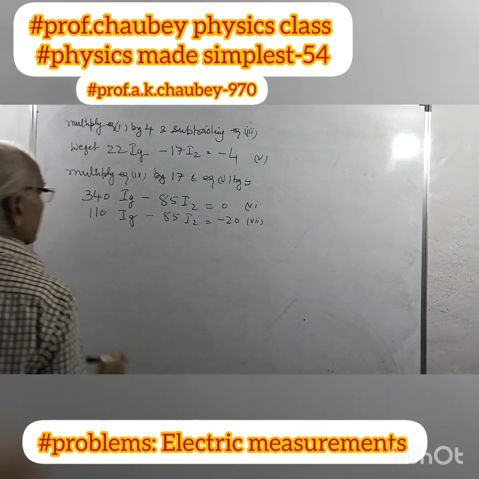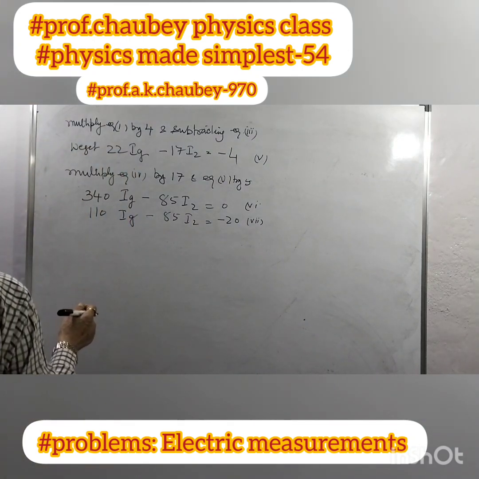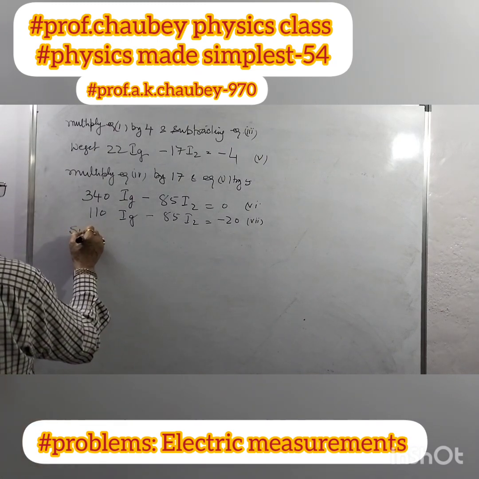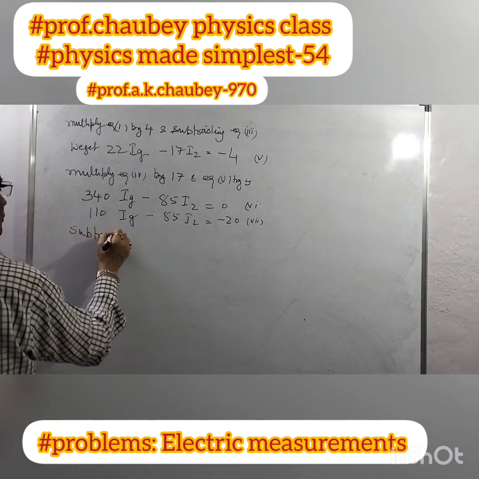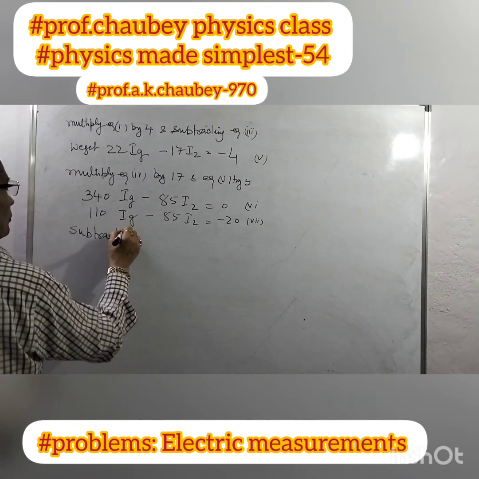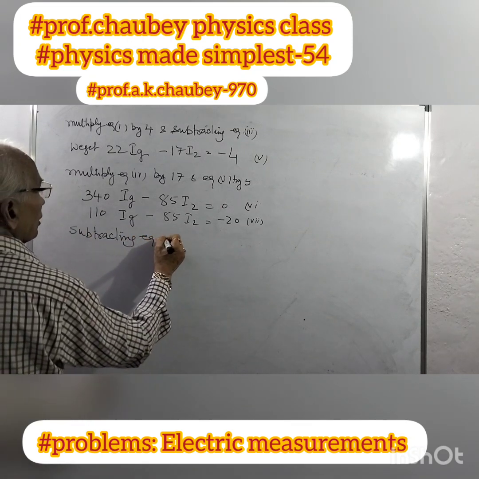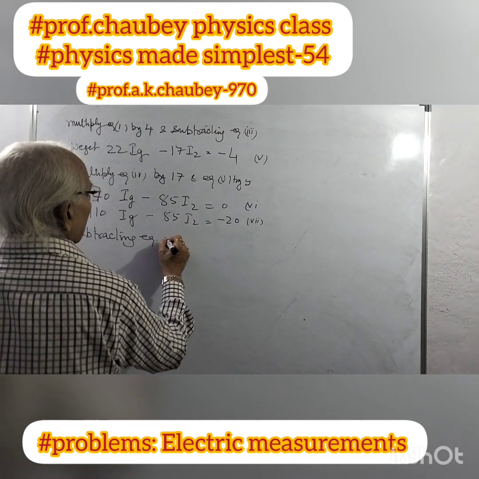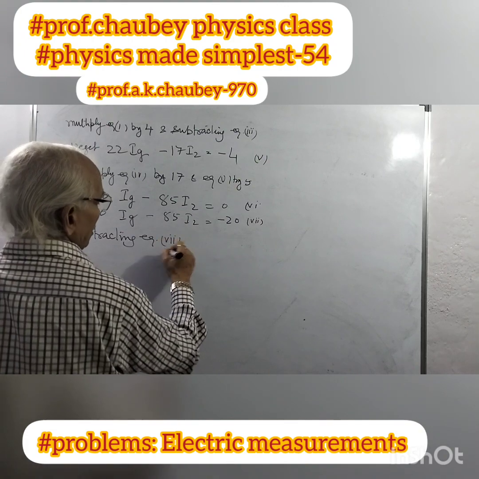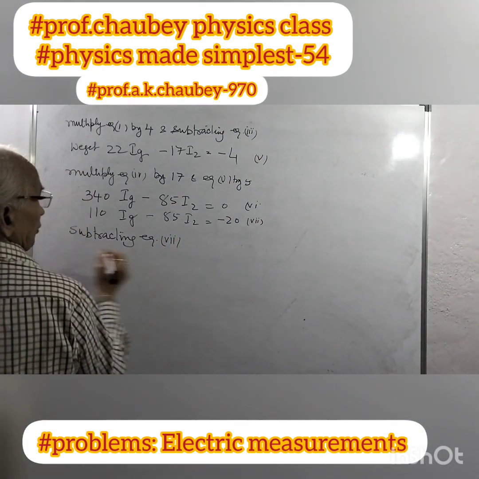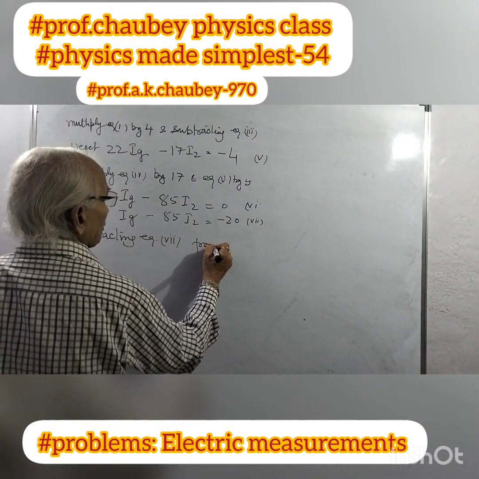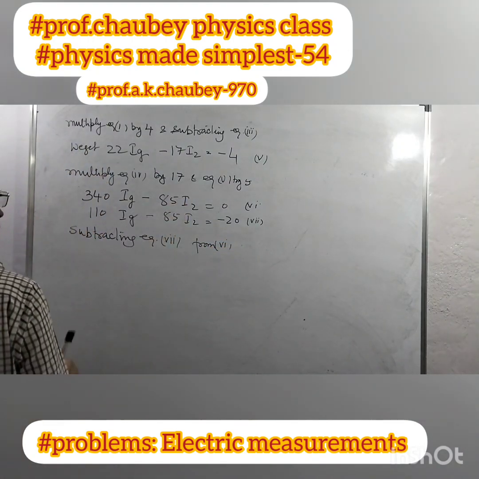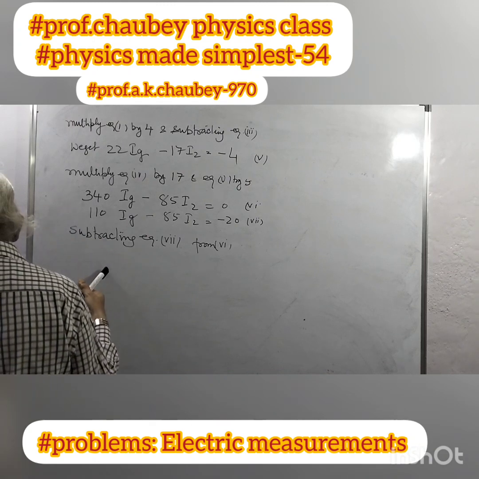Now we have these two equations. Subtracting equation 7 from 6, this will cancel, and 340 minus 110.